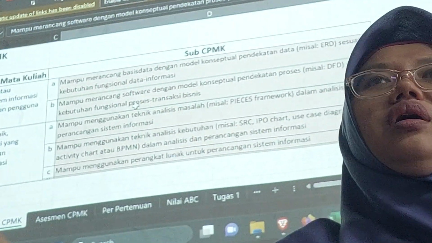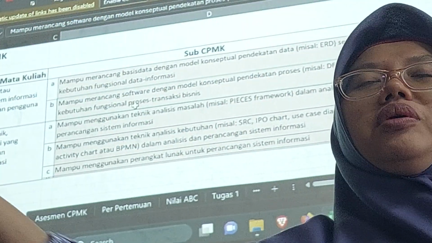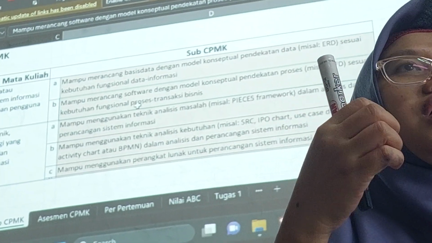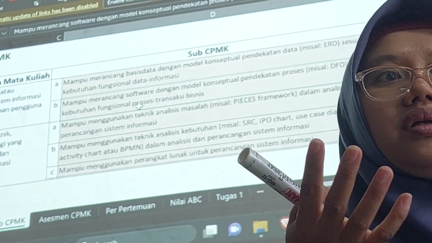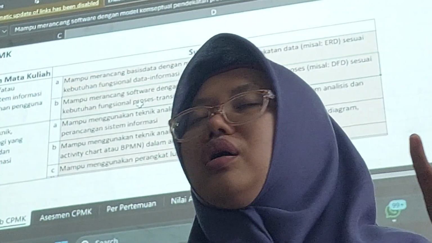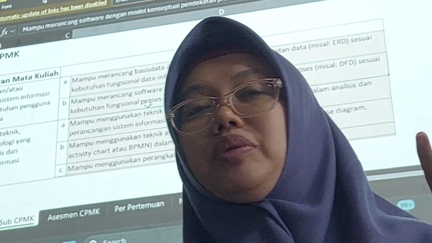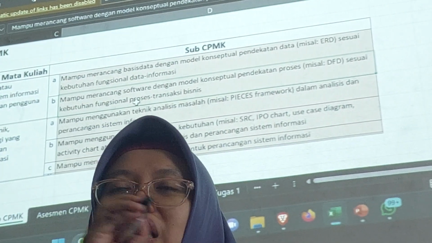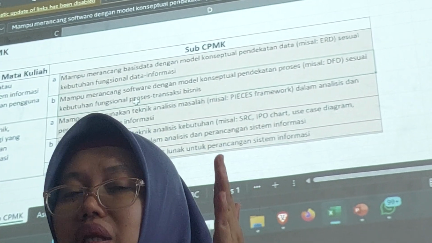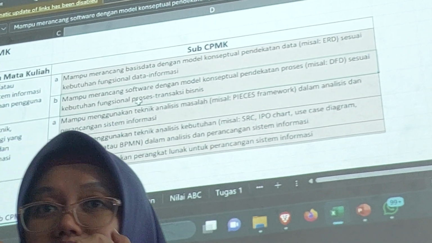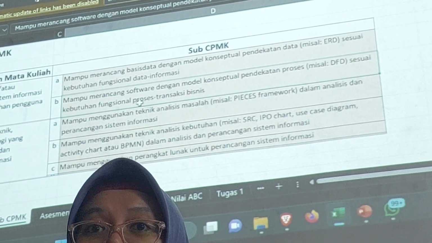This is some case where you can know about the problem. So maybe you will design some business process modeling, and then from the existing system, maybe they have a problem and you give a solution.